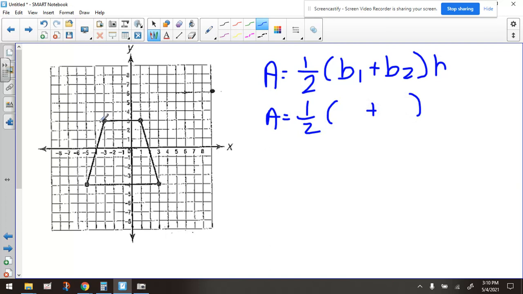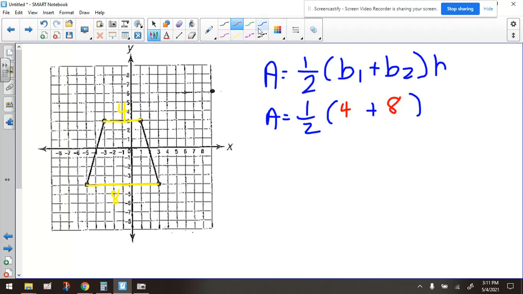So first of all, you need to recognize what lines are parallel to each other. So that's this line and this line are parallel to each other because that's what we're going to use for our bases. So let's count that up. Here we have 1, 2, 3, 4. And down here we have 1, 2, 3, 4, 5, 6, 7, 8. All right, so the parallel lines are 4 and 8.